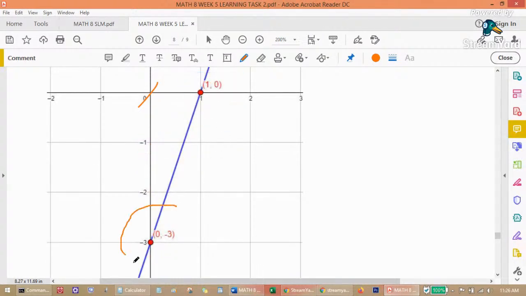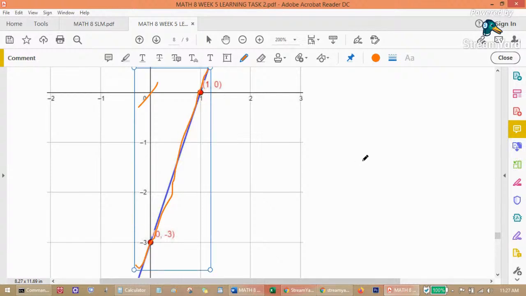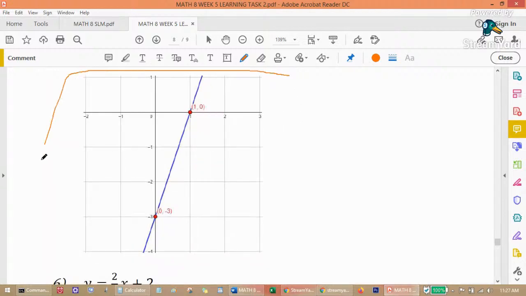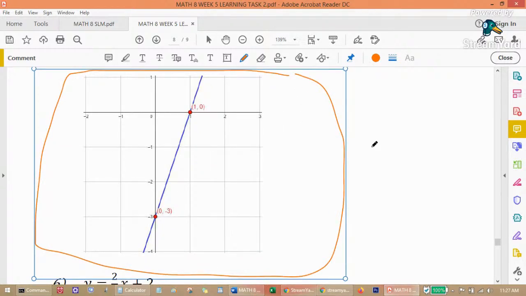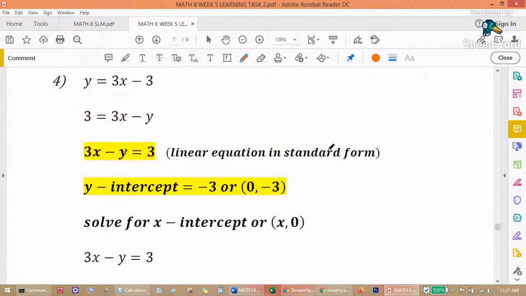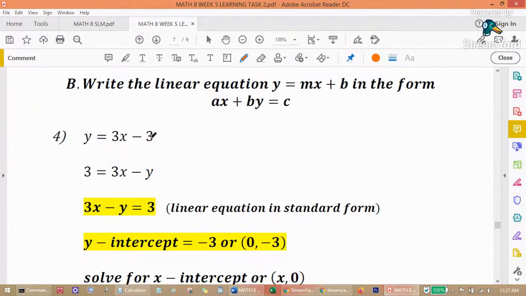X-intercept, Y-intercept, and then kukuha tayo ng ruler at i-connecta natin yung dalawa. Okay? This is now the graph for number 4 of letter B.